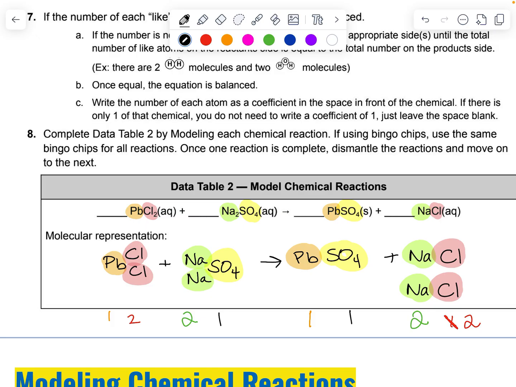So all of those match. I only had to adjust how many representative particles of sodium chloride I had. And so in order to show that I have 1 PbCl2, 1 Na2SO4, 1 PbSO4, and this one I have 2 NaCl's. I'm going to put a 2 coefficient in front to represent that I have 2 of these.